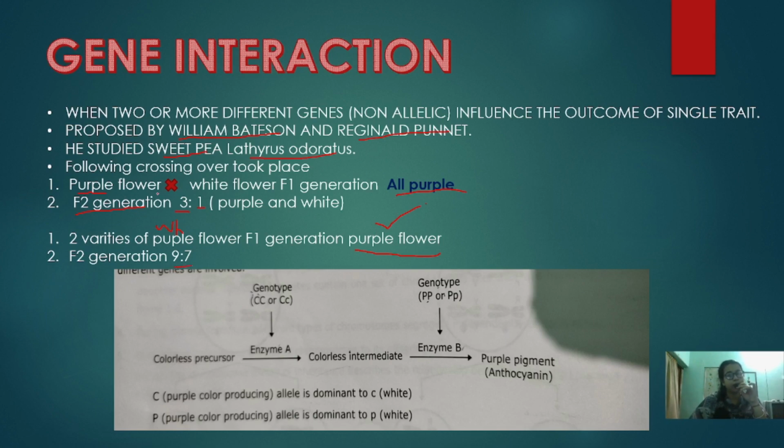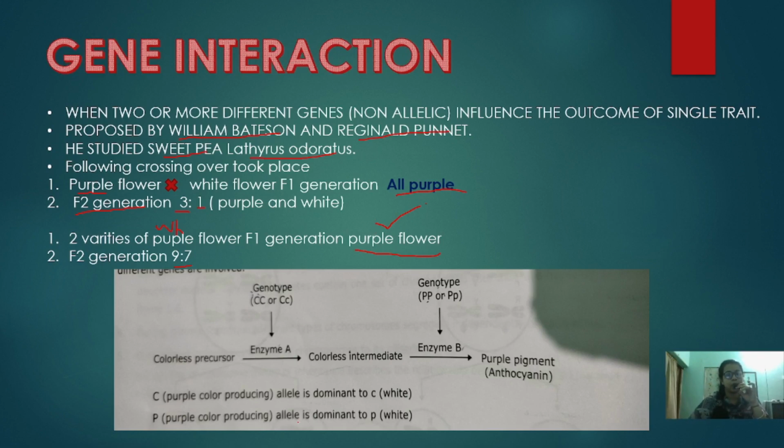How is that possible? In the first case, when he crossed purple and white flower, he got purple flower. But when he took two varieties of white flower, he also got purple flower. How is that possible? Because of gene interaction. How did it take place?